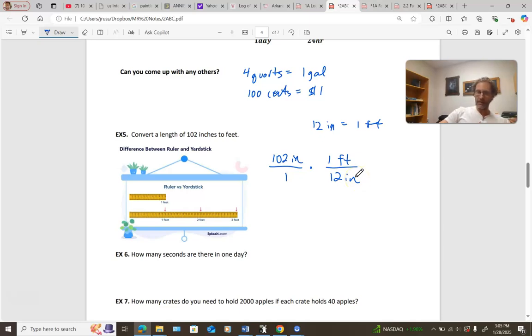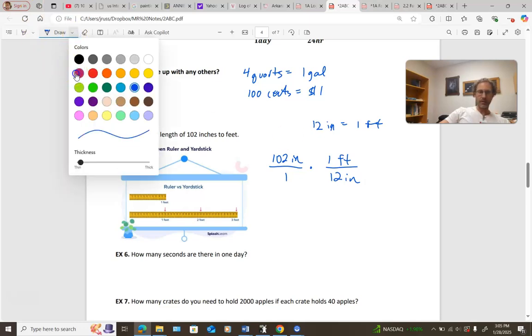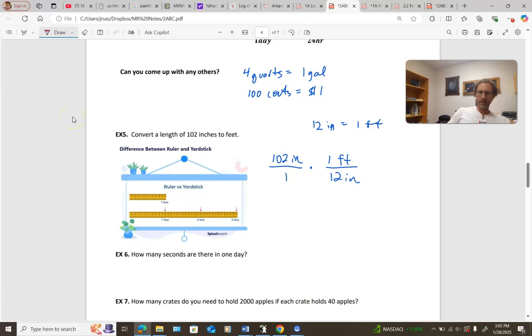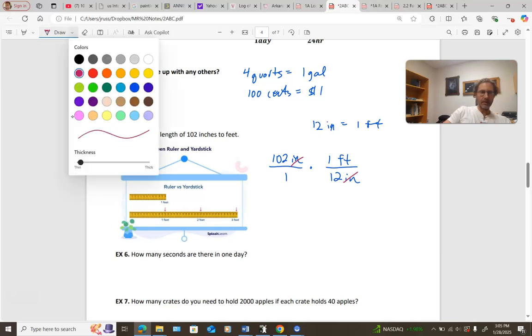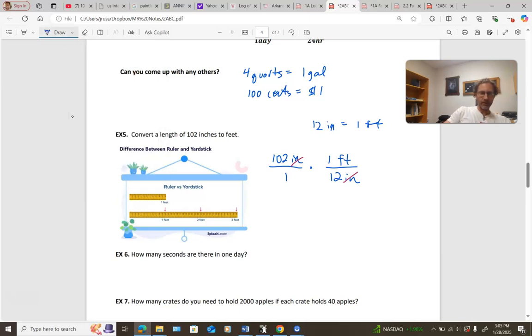So we can divide those units out, or in other words, cancel them out. My inches are going to divide out, and I'm just going to be left with the unit feet. So I can carry over that new unit, which is feet.